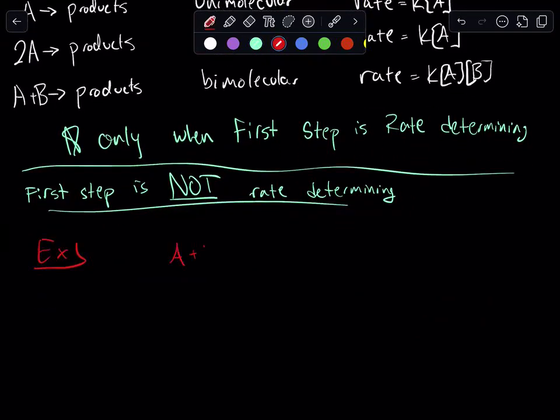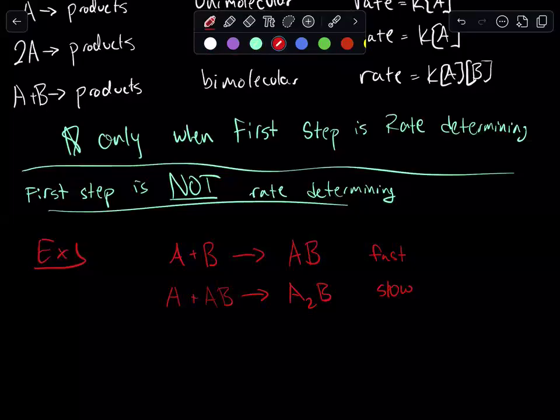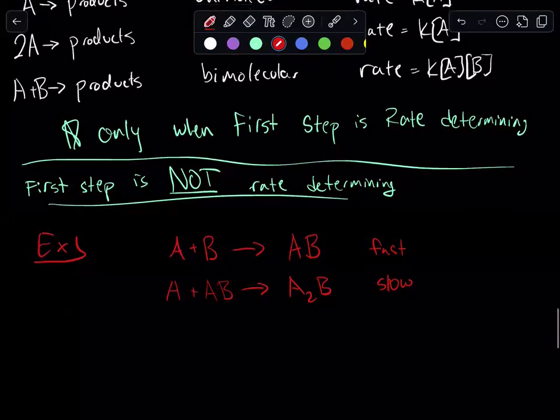If we have A plus B reacts to form AB, and then A plus AB reacts to form A2B. And in this case, our first step is fast and our second step is slow. So in this reaction, we see that the second step is rate determining.